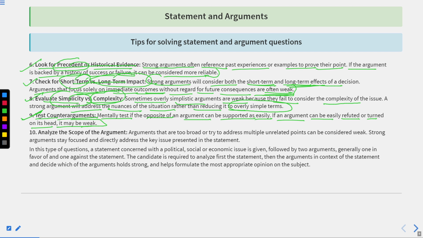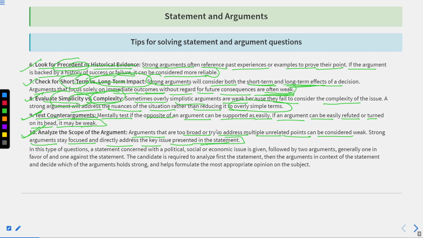And in the same manner, analyze the scope of the argument. आपको argument के scope को भी analyze करना, it's very important. You have to figure out that arguments that are too broad or try to address multiple unrelated points can be considered weak. Strong arguments stay focused and directly address the key issues presented in the statement.